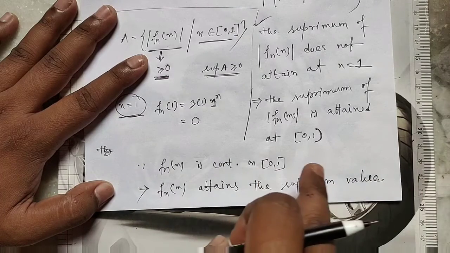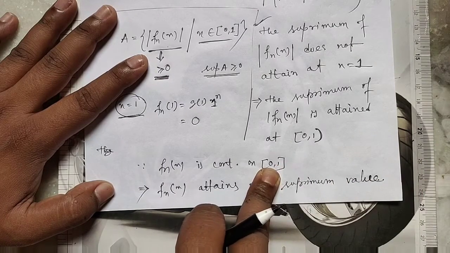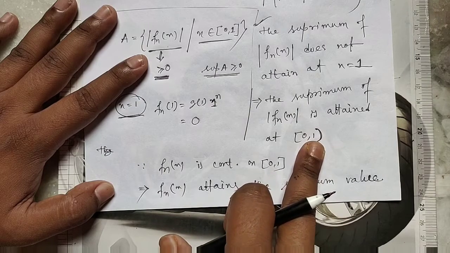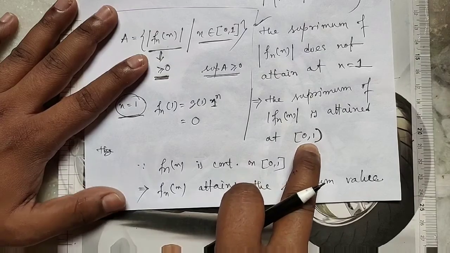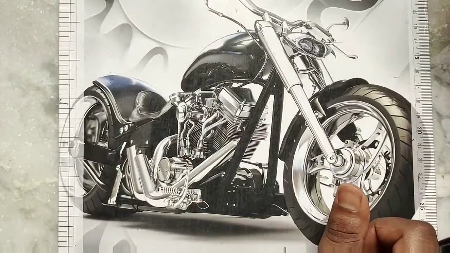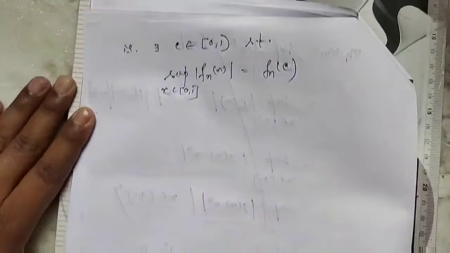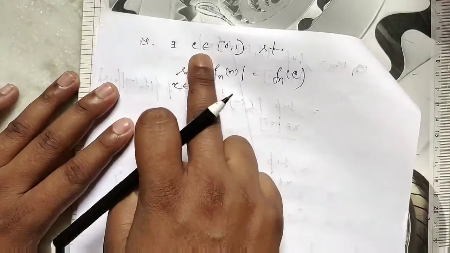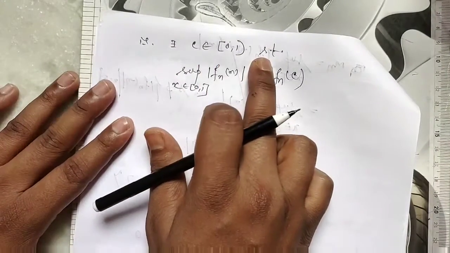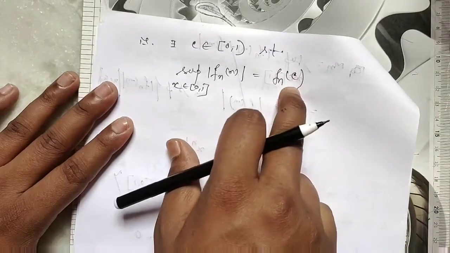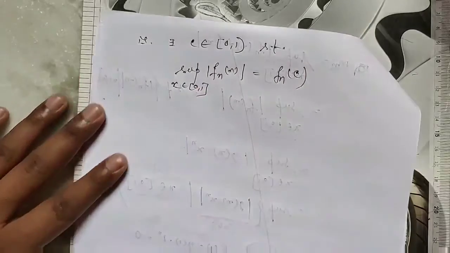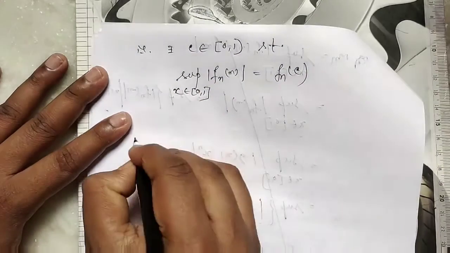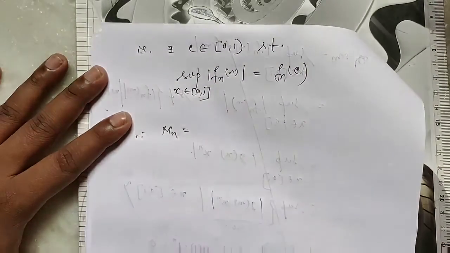That is, there exists a point in 0 1, but at 1 the maximum does not attain. So we take this interval: there exists a point C in closed 0 open 1 such that at C the value will be the supremum. Clear?